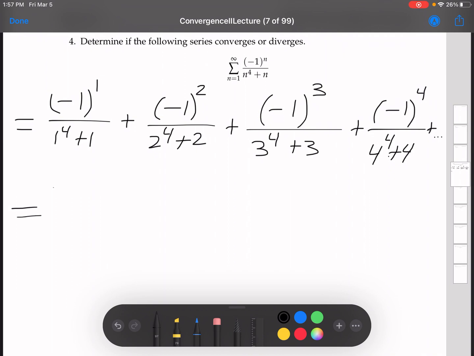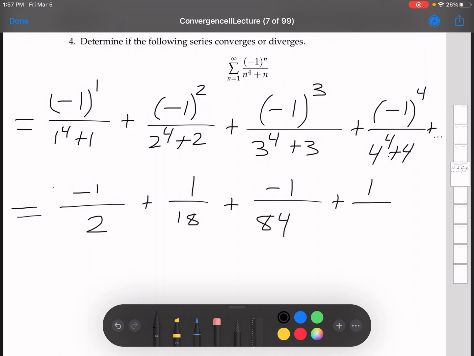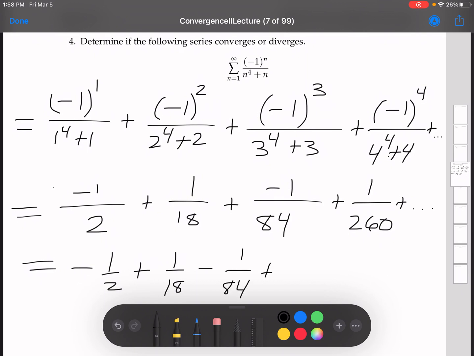Now simplifying, here we get negative 1 over 2 plus 1 over 18 plus negative 1 over 84 plus 1 over 260. And notice that we could write this as negative 1/2 plus 1/18 minus 1/84 plus 1 over 260.